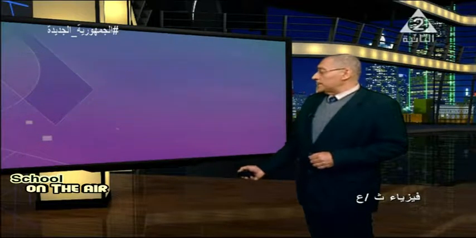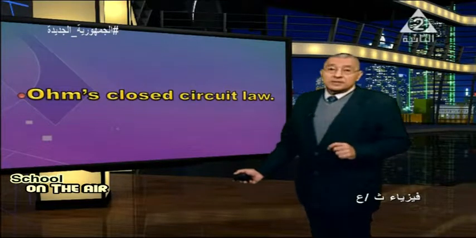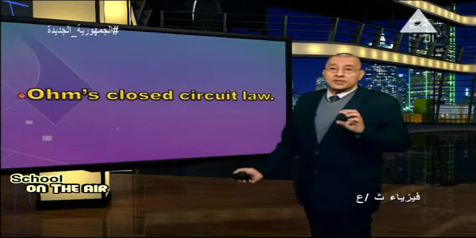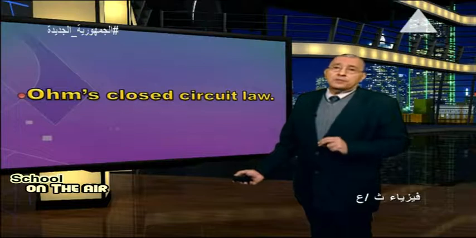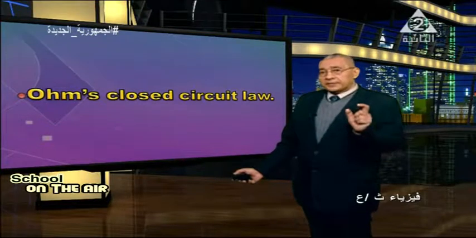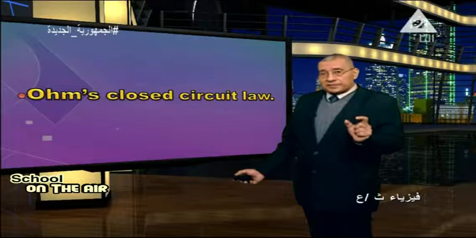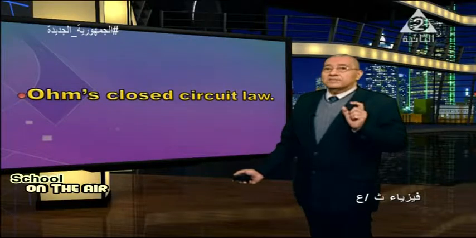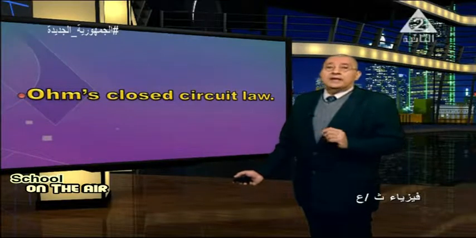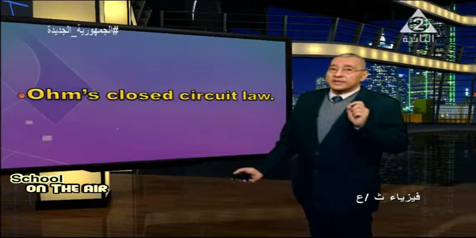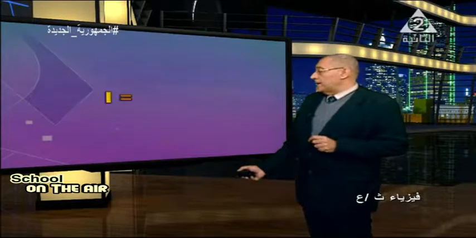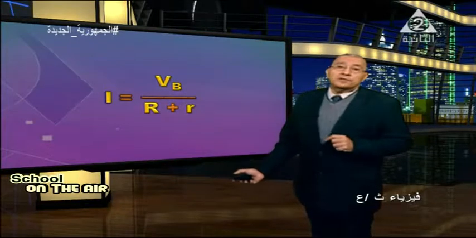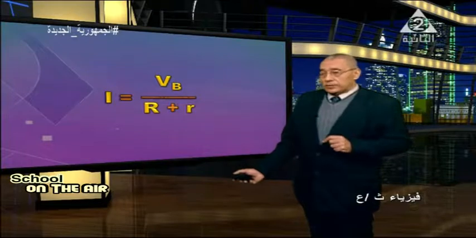And what about the relation that expresses Ohm's law of a closed circuit? It is very important. We've got two laws for Ohm. Ohm's law applied for a certain item of a circuit, V over I equals R, and Ohm's law for a closed circuit, I equals V battery over R capital plus R small.